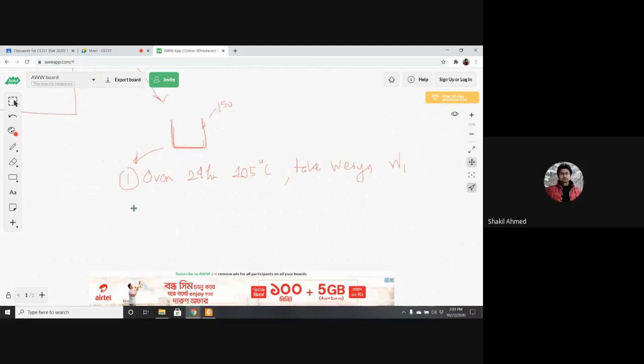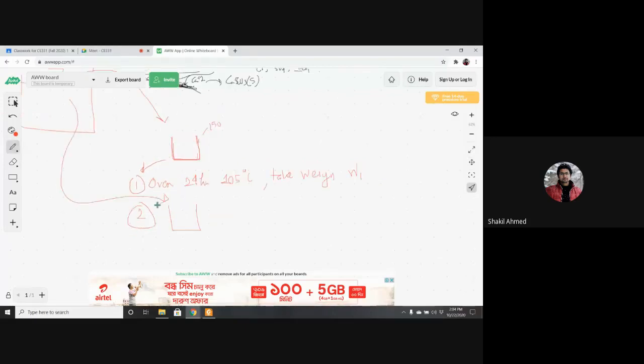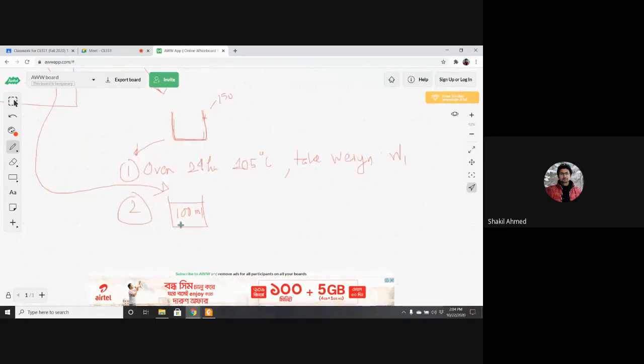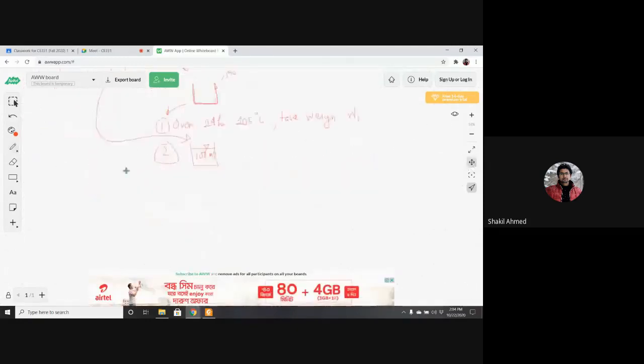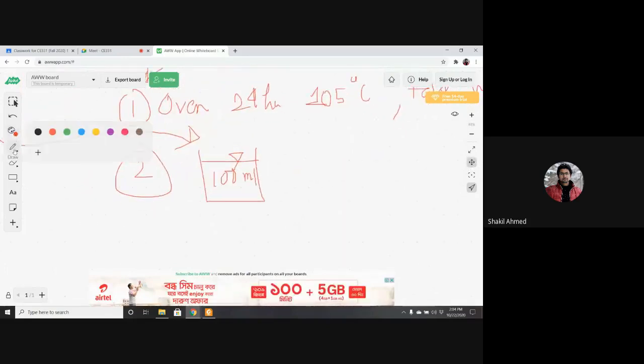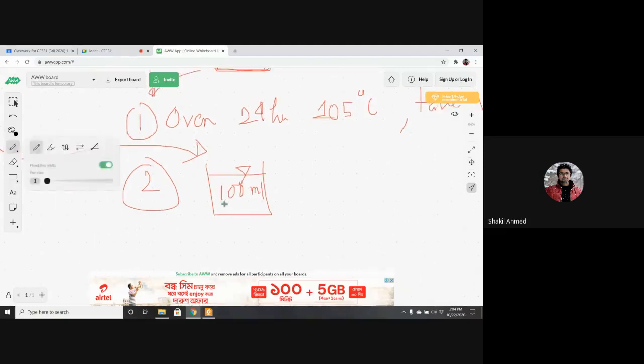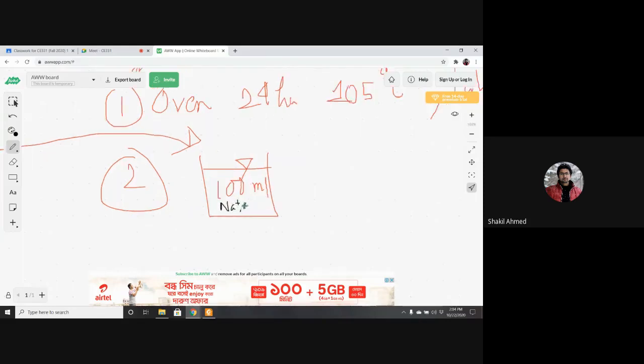Yes, sir. And number 2. Now in this beaker you take sample from here. How much? 100 ml. Now you may have sodium, potassium, and other dissolved solid.